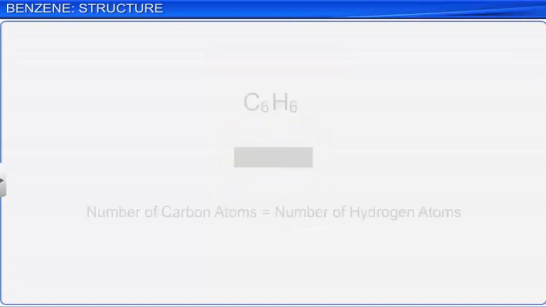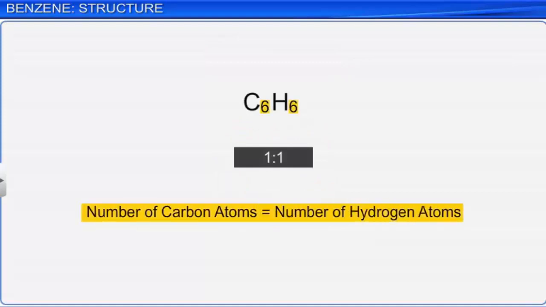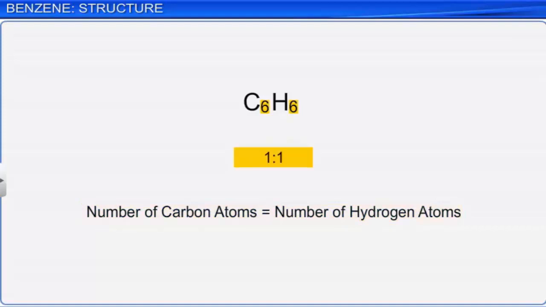The ratio of carbon to hydrogen in benzene is the same, that is, 1:1, which is evident from its molecular formula C6H6. This fact tells us that it is a highly unsaturated compound.